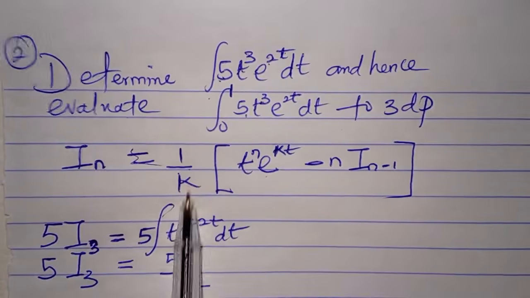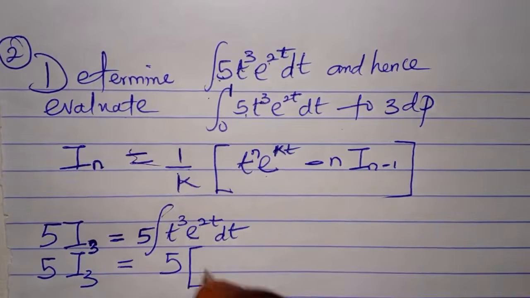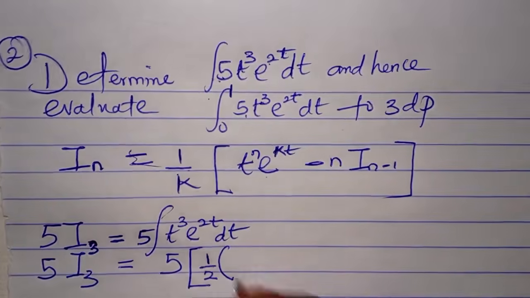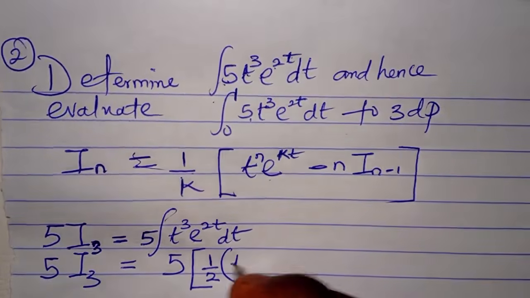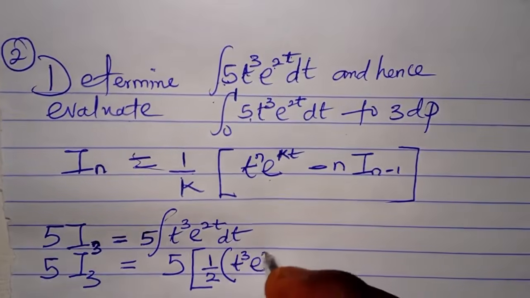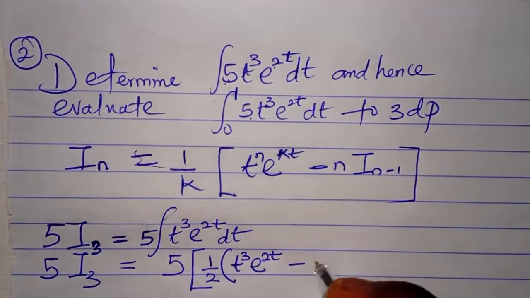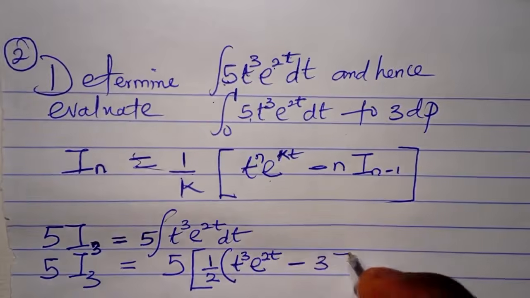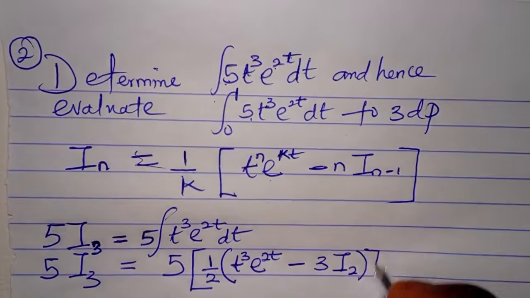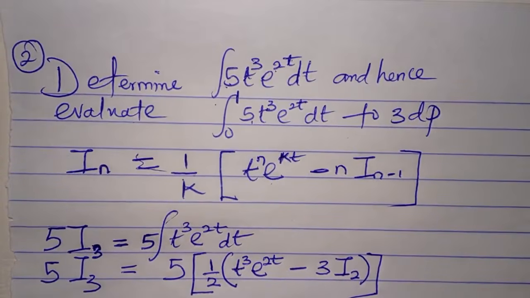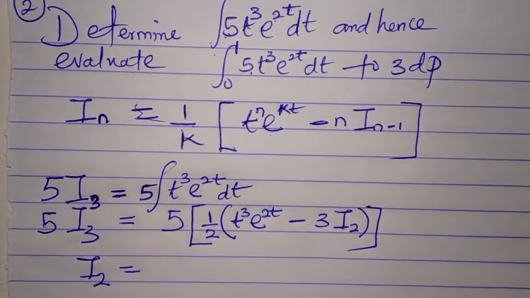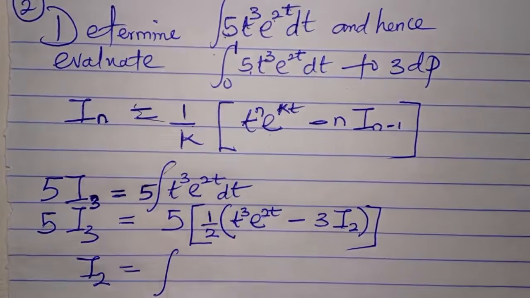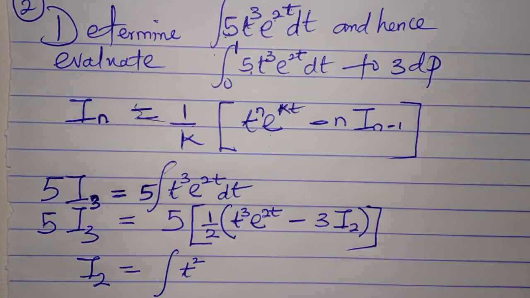So 5 I3 is equal to 5 into, let me evaluate this particular integral now using this. It will be 1 over k, which is 2, in bracket t to the power of 3 e to the power of 2t minus n, which is 3, I2, right? What is I2? I2 is the integral of t squared e to the power of 2t dt. The power of t will now be 2, that's why it is I2.